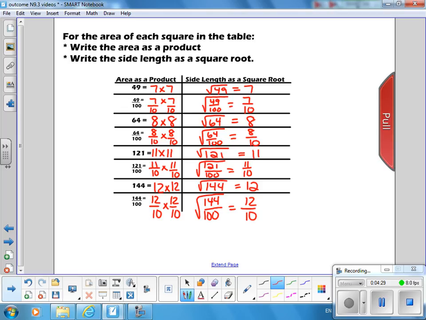So the idea when we get to fractions is the same as if we had whole numbers, except this time you break the fraction apart and you find the square root of the numerator, which is the top, and the square root of the denominator, which is the bottom.